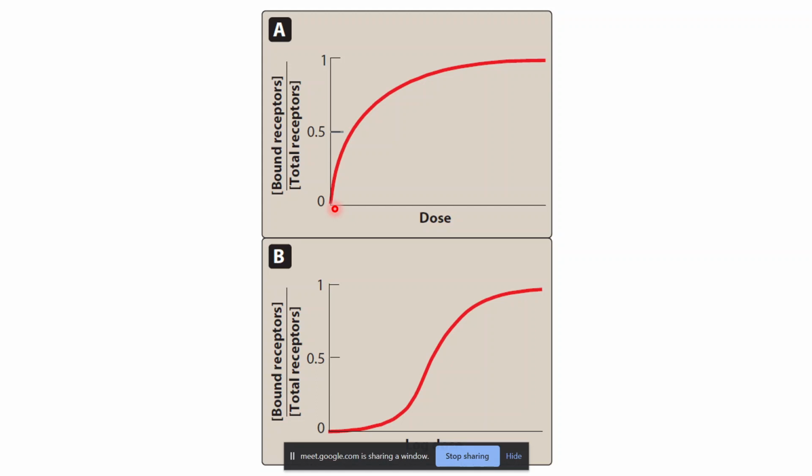The mathematical model that describes the drug concentration and receptor binding can be applied to dose and response, provided the following assumptions. The magnitude of the response is proportional to the amount of receptors bound or occupied, and the second, the maximum effect occurs when all receptors are bound.